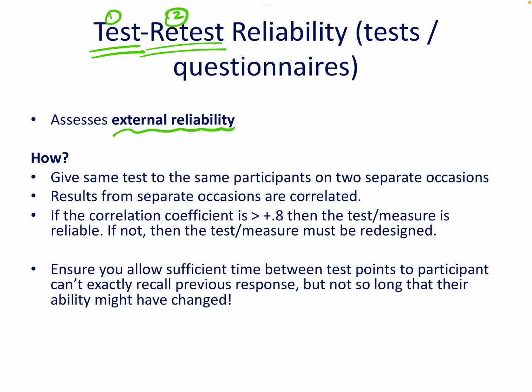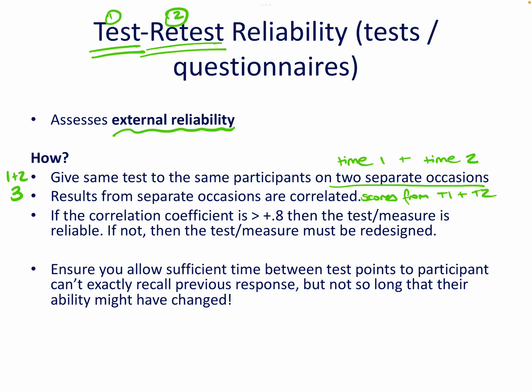So these are our steps. We want to give the same participants the same test on 2 separate occasions. To get your full marks here, time 1 and time 2. So this week and then again next week, for example. Again, then we want to perform a correlation. We want to do a correlational analysis, and we want to basically compare the scores from time 1 and time 2.